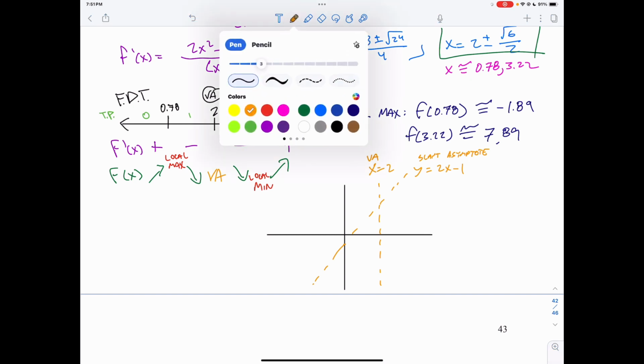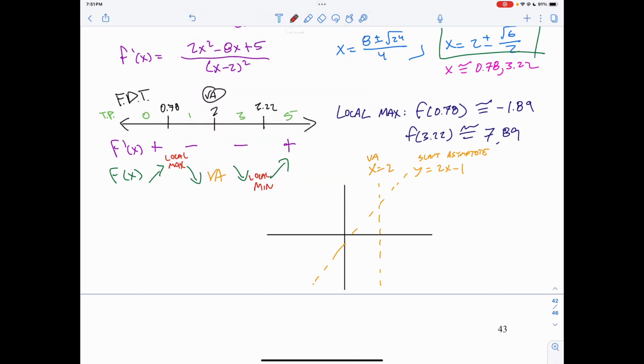I'm going to have a local max at (0.78, negative 1.89). And I'm going to have a local min at (3.22, 7.89).